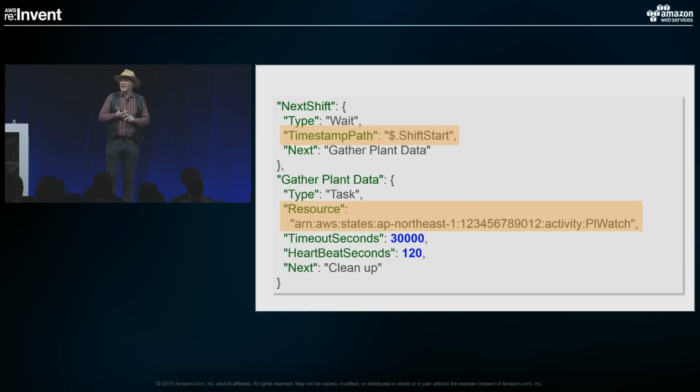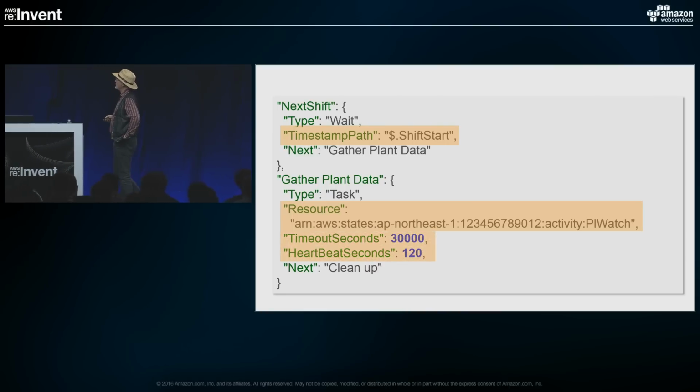But there's no reason at all that we couldn't support, I don't know, something involving perhaps Docker containers or something like that you could conceivably identify with an ARN and launch. There's no reason at all that it couldn't just be a URL. And you go and post the thing to an HTTP endpoint and wait for it to come back. So, I think you can expect lots of other kinds of units of work to find their way into state machines going forward.